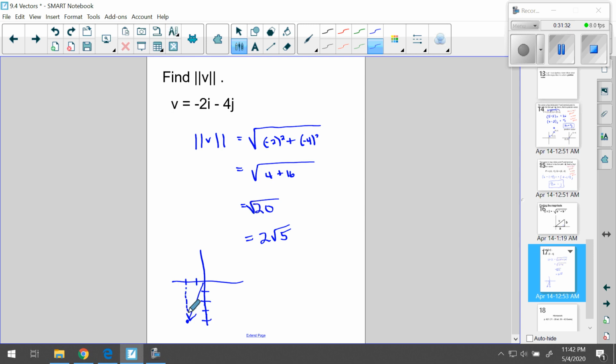If this is -4 and this is -2, then this distance here should be 2 root 5, the hypotenuse of that right triangle that we created. Okay, so I think the last couple problems in your homework ask you to find magnitude given a vector in this algebraic i and j form that we're going to use. It's just as simple as doing the Pythagorean theorem.